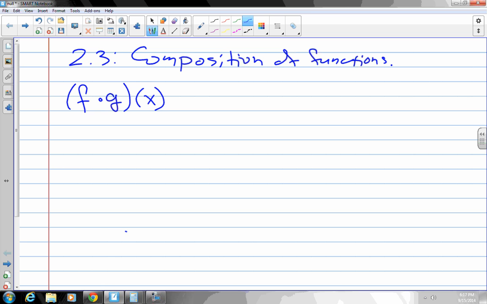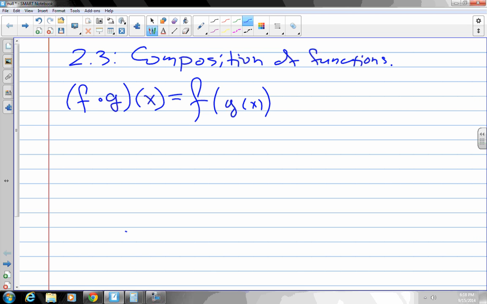So just like you had addition, subtraction, multiplication, division, now it's something else. We define it as f of g of x. So that's the definition. So we're putting one function inside of another. Okay, so if we understand the function notation, remember all the smiley face examples?